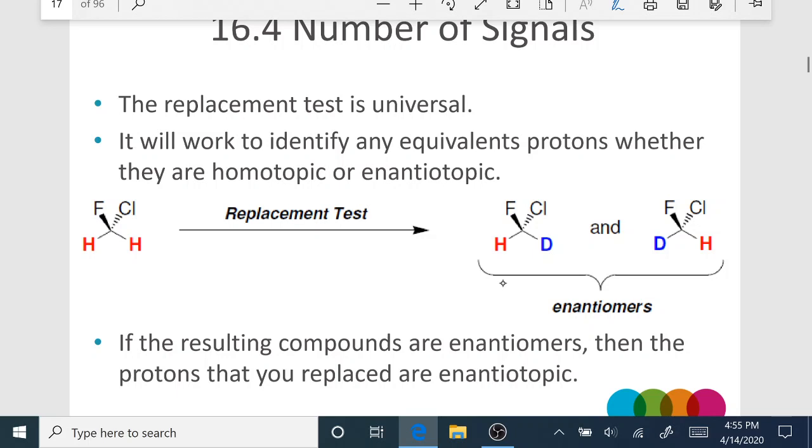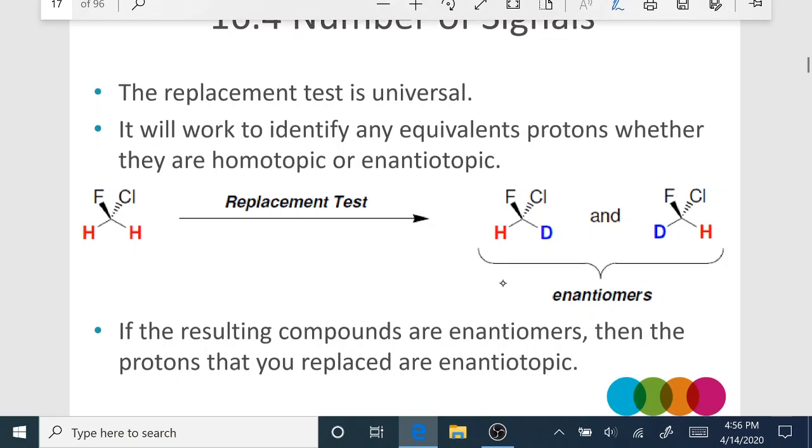So in other words, if I replace one of these hydrogens with a deuterium, would I be able to flip that molecule around on top of itself and see that that is the same molecule? Or would I be able to put a mirror in between them and see if I have enantiomers? So that's what's true in this case.